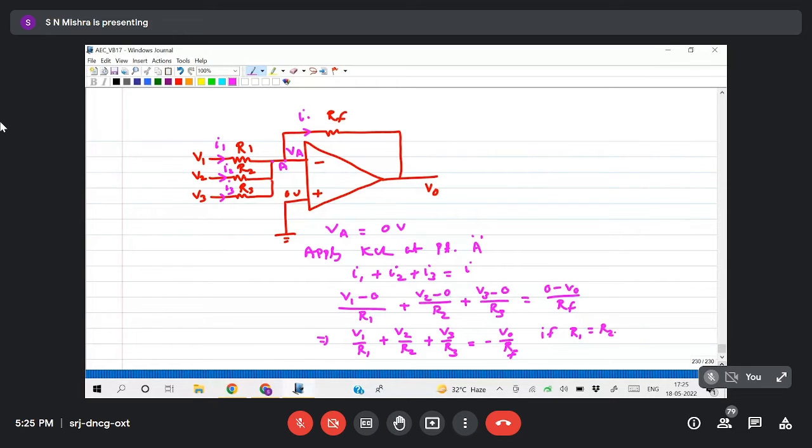Now if R1 equals R2 equals R3 equals RF, if all the resistances are equal, then what will we get? All the resistances will cancel each other. Then V naught I can write as minus of V1 plus V2 plus V3.